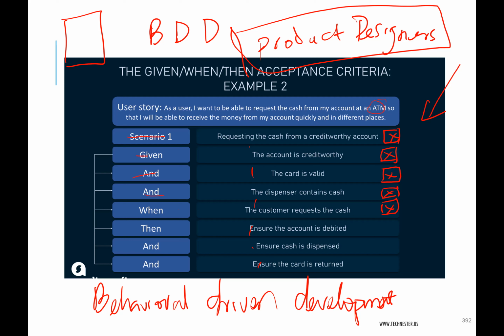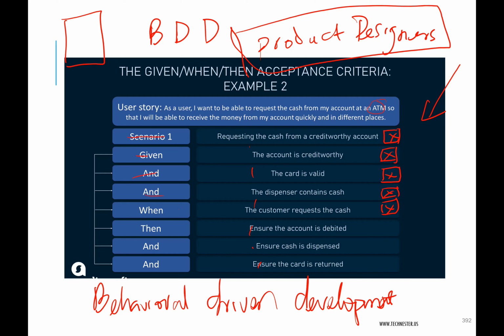But as a human being, you would normally describe it as, okay, like when I asked you, how do you do something on Amazon? How do you add something to the cart? You say, well, when I go to Amazon, that is the given, that I'm on Amazon. I'll click on the product and then add to cart, you see? So you are now stating the actions you will take. When I go to Amazon, that's your given.